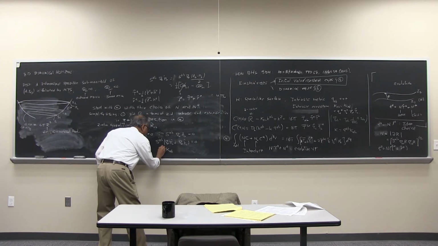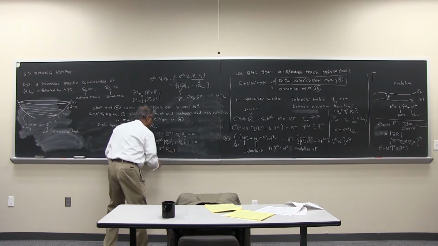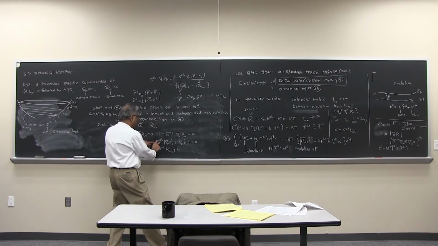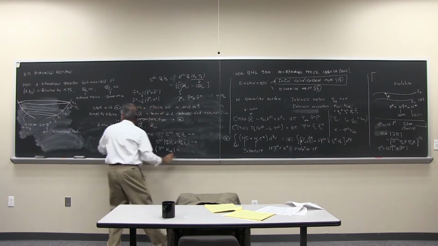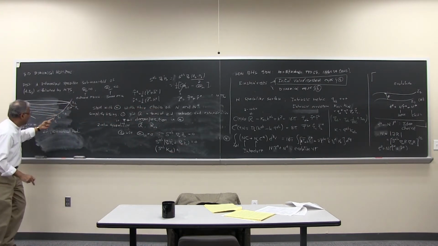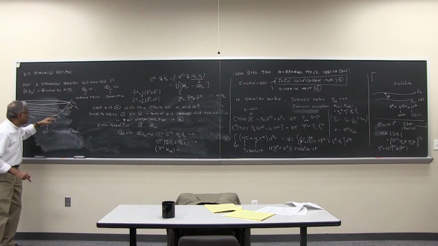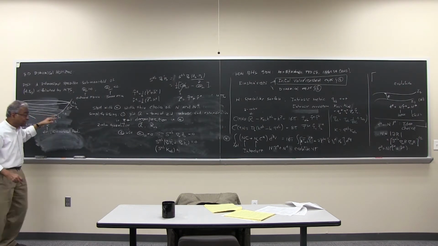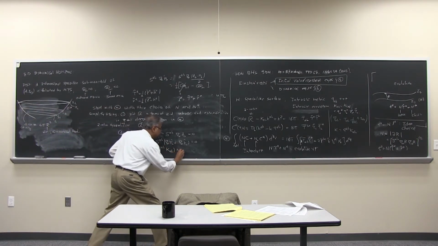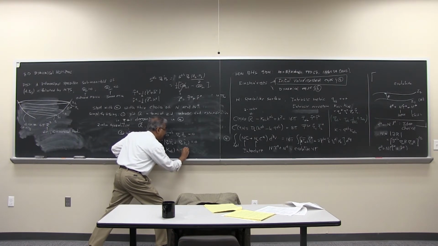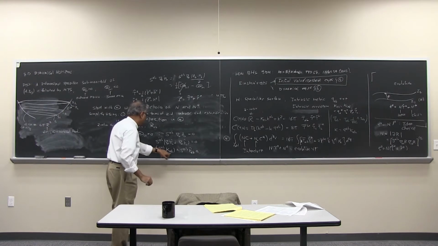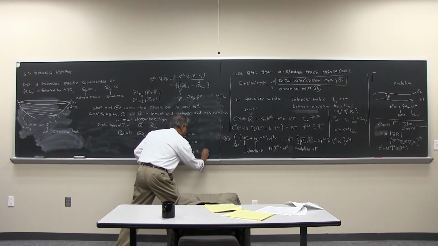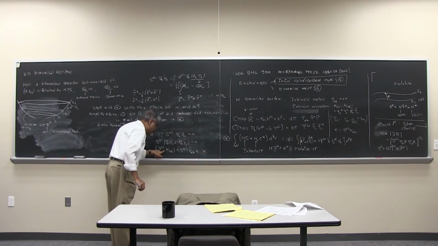This times S^AB, the two-sphere quantity, plus the two-dimensional metric times this quantity up here. This is just the two-dimensional normal within the three-surface to the two-dimensional surface S. So this is just the trace of the extrinsic curvature, S^AB times K tilde_AB.